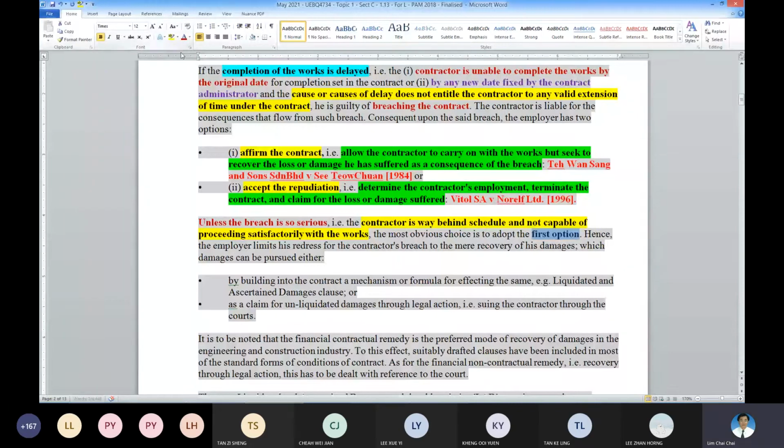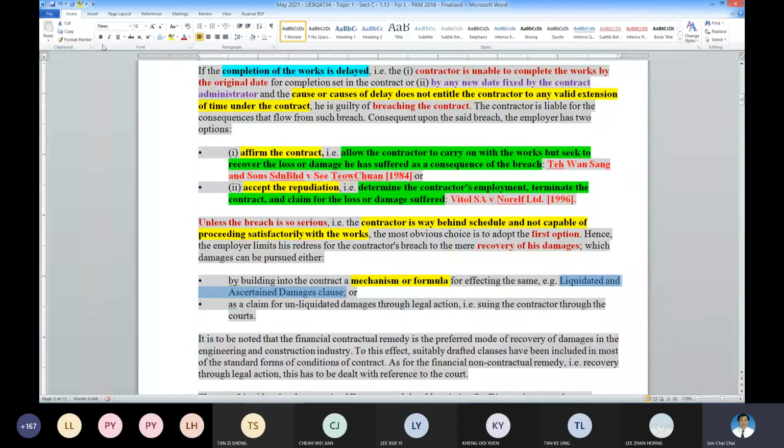So you recover the damage. How to recover damage? That means the contract has a mechanism or formula to compute it, and what we have in our PAM is the liquidated damage clause.